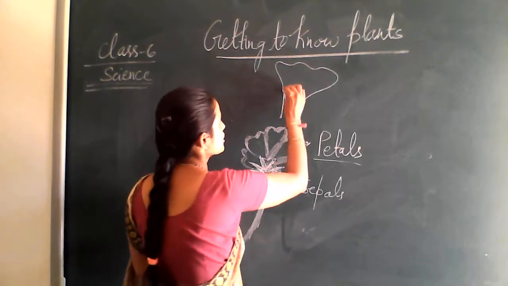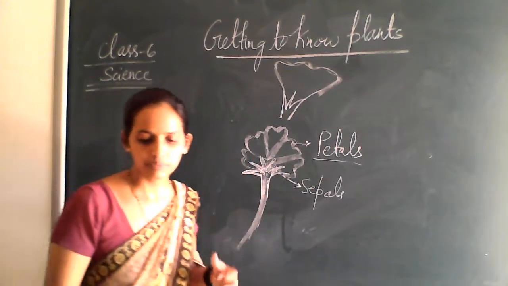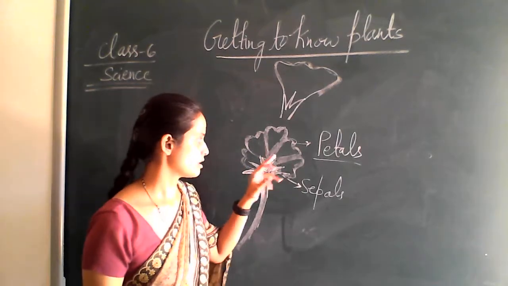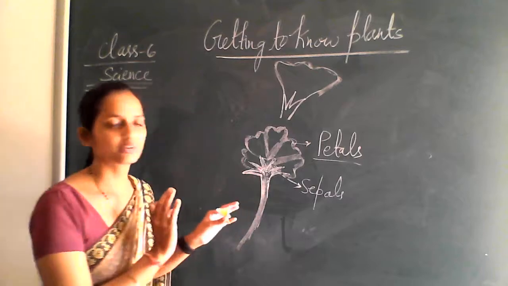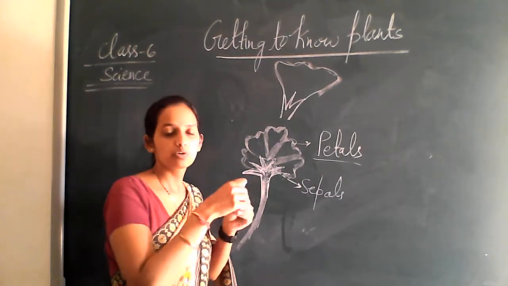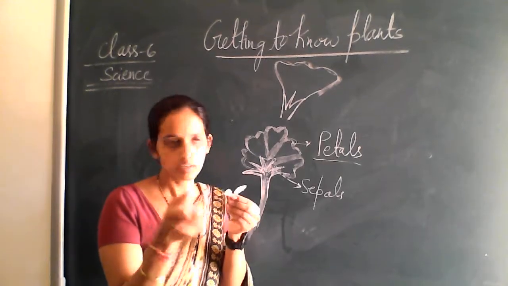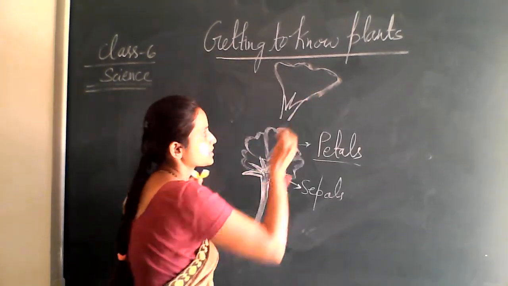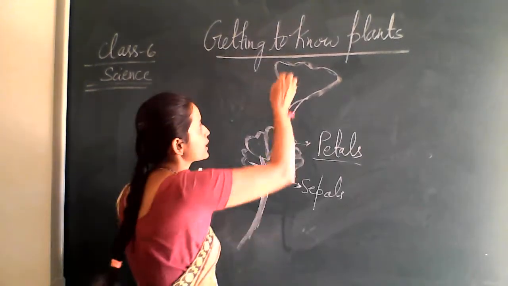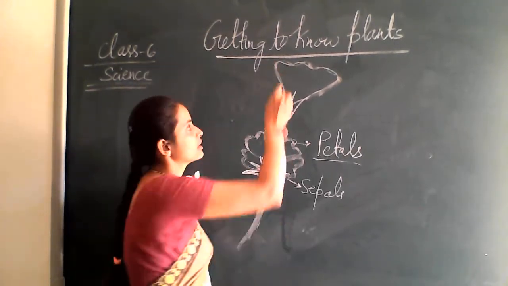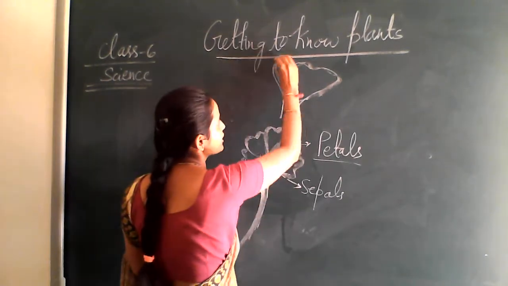In this part, are you able to remove the petals individually? In a rose plant or a hibiscus, I am going to take the example of a rose plant, you are able to remove those petals one by one. But in this bell-shaped plant or dhatura plant, can you remove individual petals? No, right? It is totally joined.